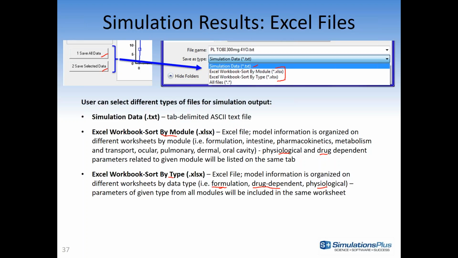All drug-dependent parameters will be on one worksheet. And then all physiological parameters, again related to all pieces of the simulation, gut, PBPK, ocular, dermal, pulmonary, and so on, will be on a separate worksheet. So depending on what is the easier way for you to navigate and find the information that you need, you will have these two options to sort the data.